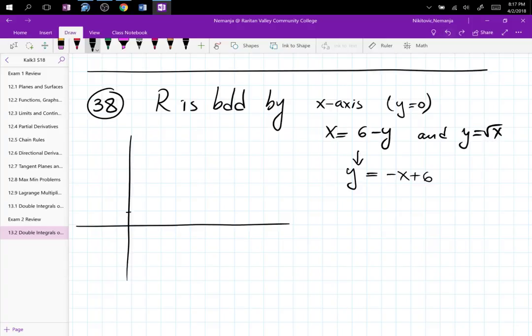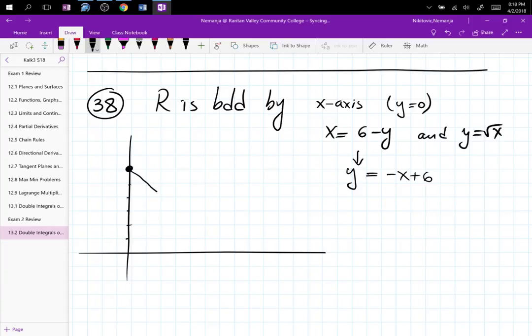I need more room. So what do we have? Again, a linear line with 6 as the y-intercept, so that's here. We are going to go 45 degrees down. 9 and 3. So this is the function axis.